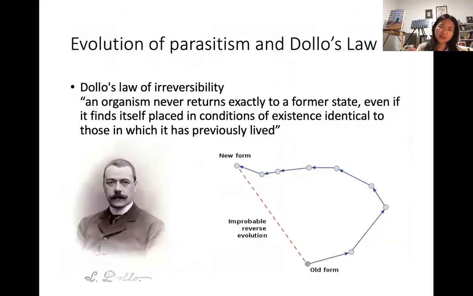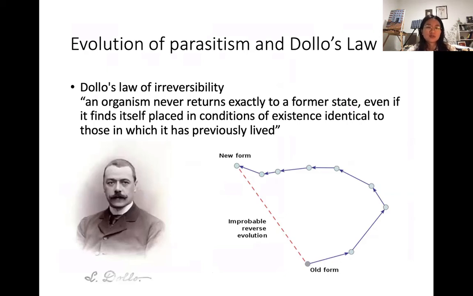Overall speaking, the evolution of parasitism follows Dollo's law. Here's a text description, but basically what Dollo's law means is that this is a one-way ticket. There's no going back.